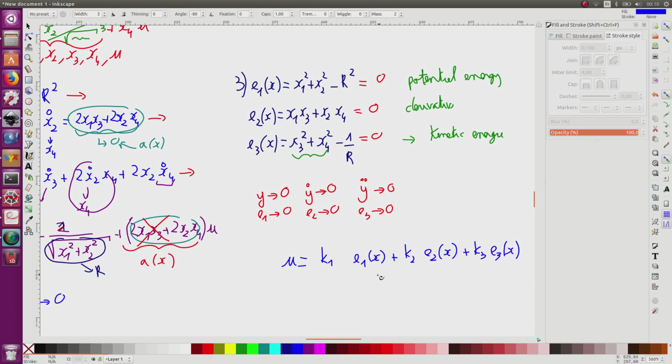Now I will have to tune k1, k2, k3 with respect to some kind of proportional control, so that I will have the convergence. So it is not exactly what we could call a proportional control, because here I have something related to the potential energy, and here I have the derivative. So with respect to the potential energy, it corresponds to a proportional and derivative control, but with respect to the kinetic energy, it is more a proportional control.